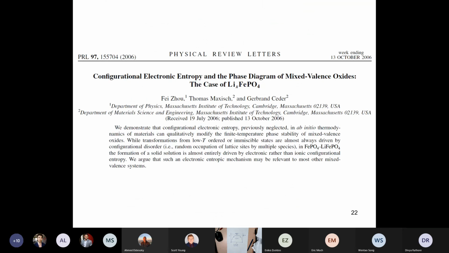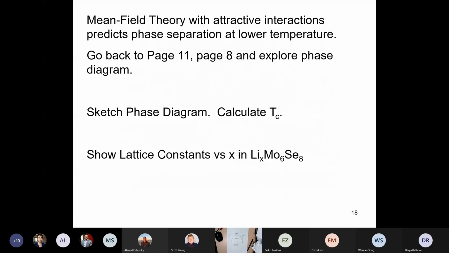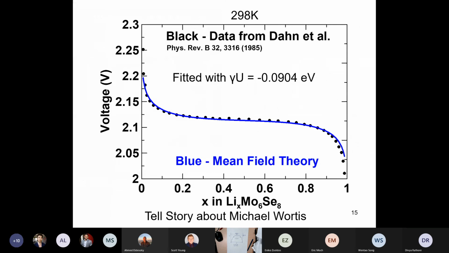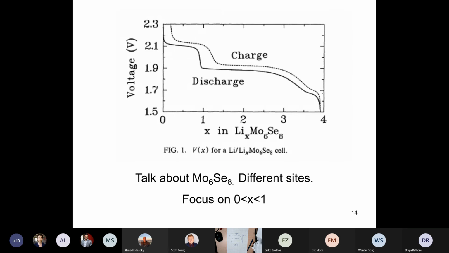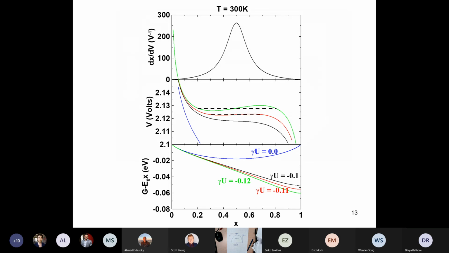Okay. All right, so are there any questions on this mean field theory stuff? I'll give you a homework that will help you understand it better. And you can think about it between now and Wednesday if you have any more questions about it.